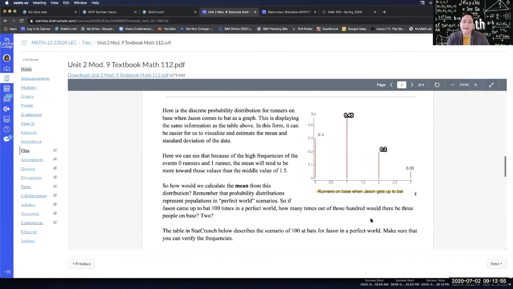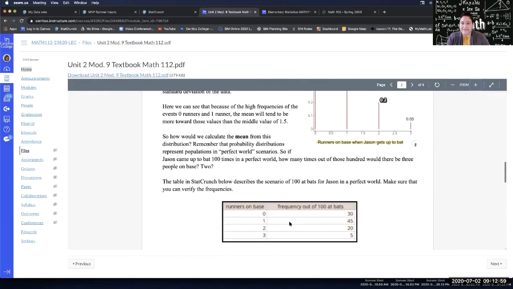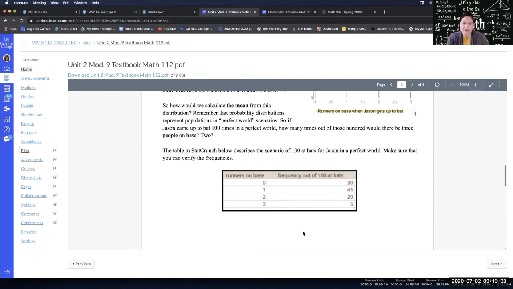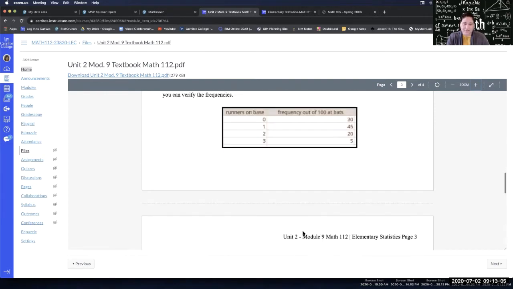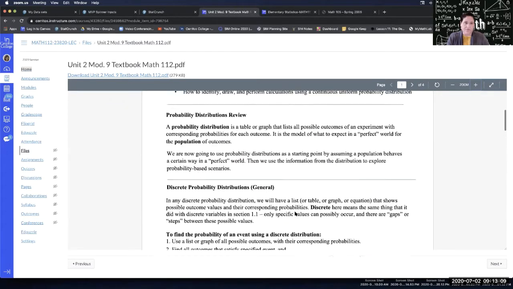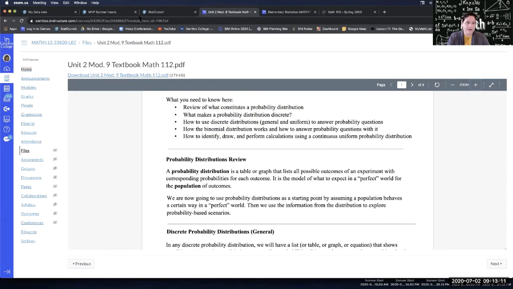When we calculate a mean in a distribution, it's called the expected value. This is what we're going to do in StatCrunch, so I'm probably going to jump to StatCrunch to do that.